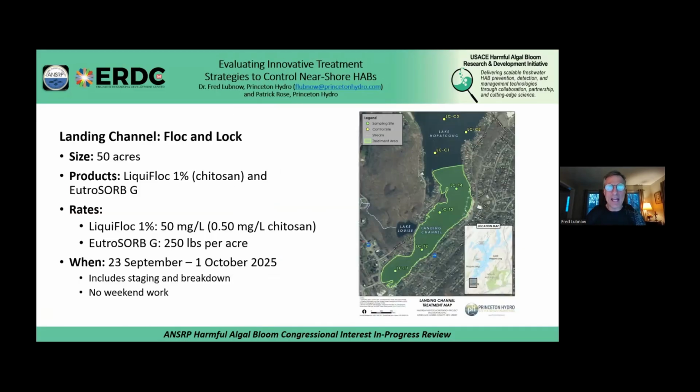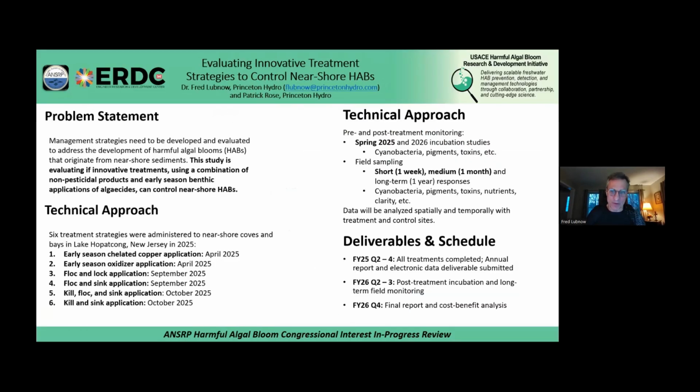Okay, so we had to give an update on the project. I can tell you that all of the field work has been completed. It was all completed last year. We're in the process of doing post monitoring. As a matter of fact, we were just out there last week collecting sediment and water data to do some incubation studies.